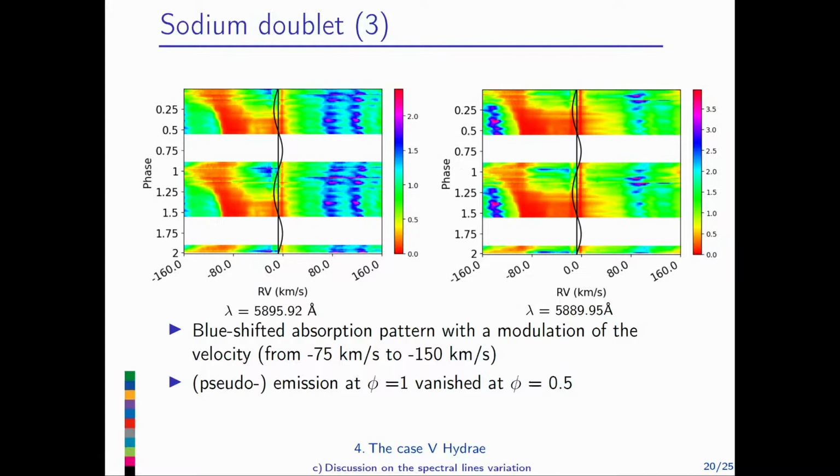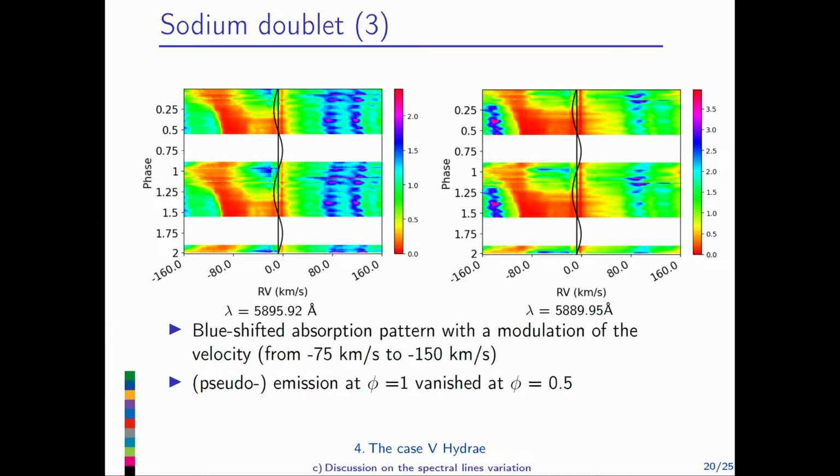Also, we can plot it twice in order to really see the variation. So here I've taken the data and duplicated it a second time in order to see the variation with the orbital phase. And I remind you, the blank space is a phase where we have no observation yet.